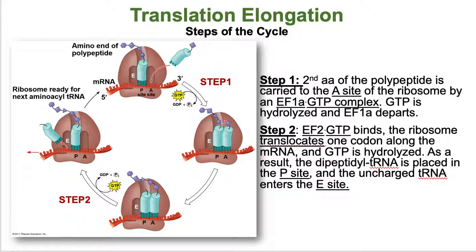So we have two GTP hydrolysis steps per amino acid being added. That happens for every amino acid being added. It's quite an expensive process that you're getting into by doing translation. Anybody have any questions about this pathway?